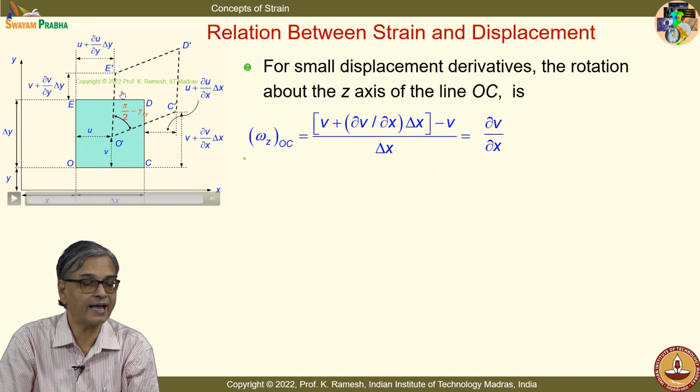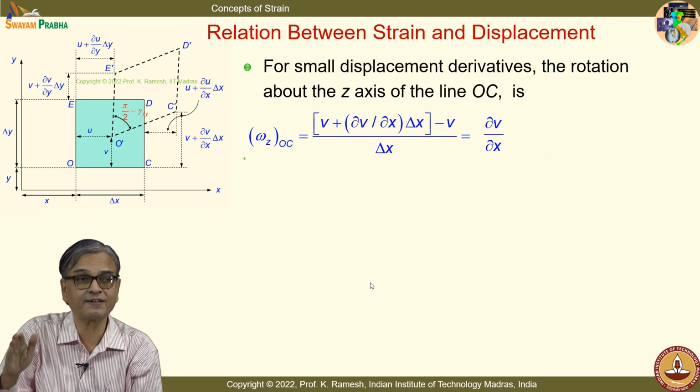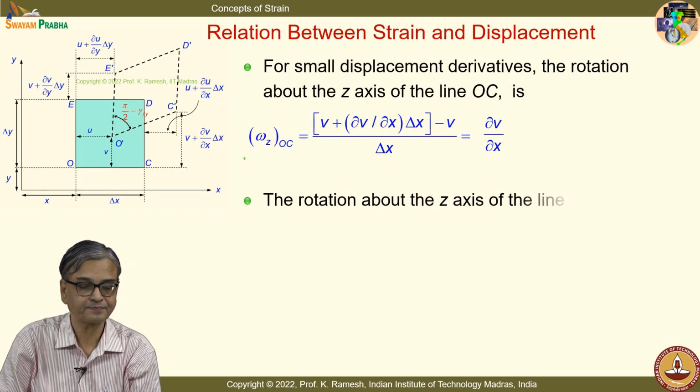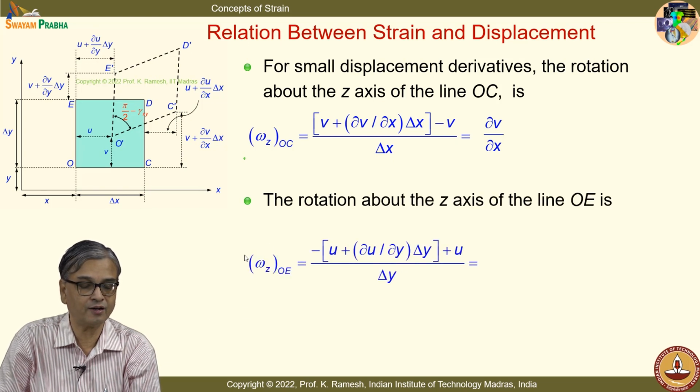And what way the line OE has rotated? It has rotated in the clockwise direction. The sense is also very important. So when I have the line OE, I get this as minus of u plus dou u by dou y delta y minus u divided by delta y, that gives me minus dou u by dou y.